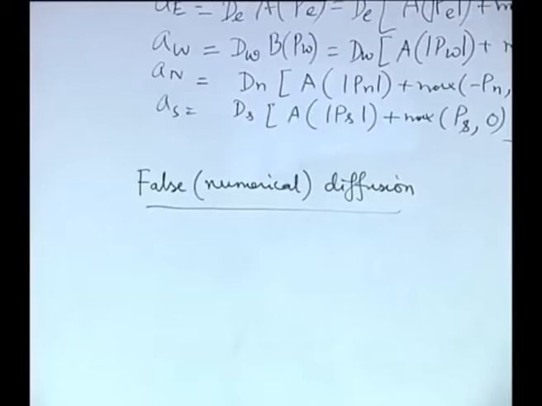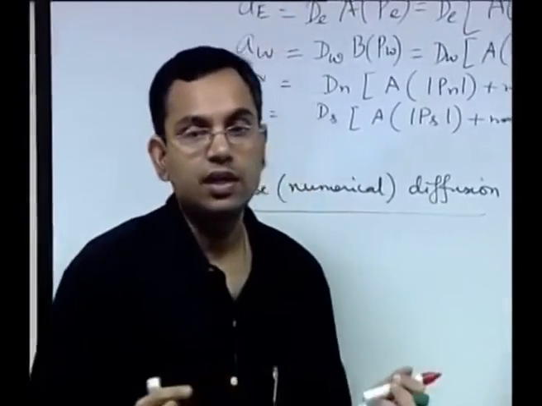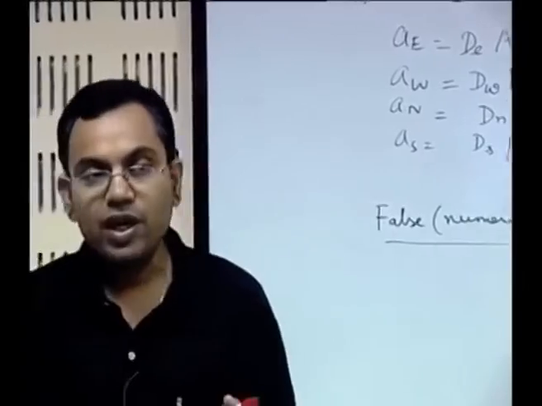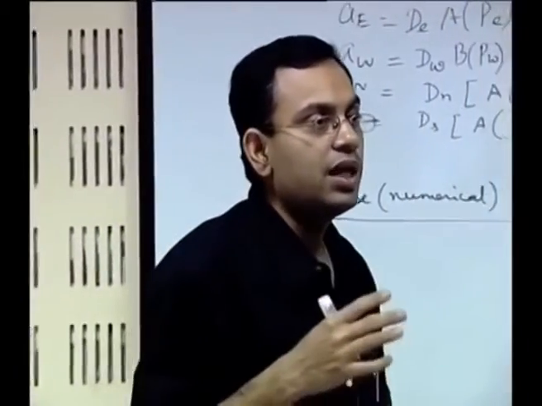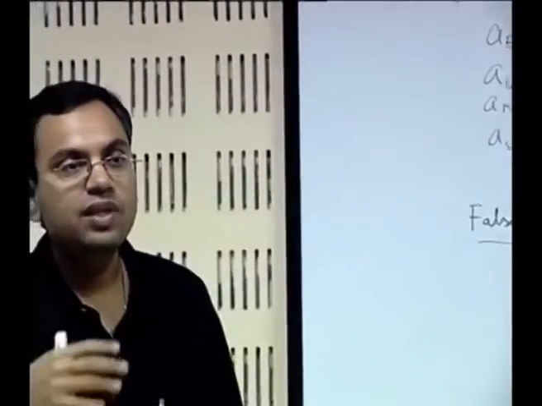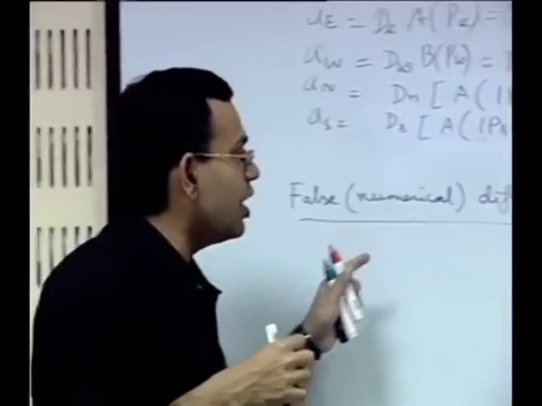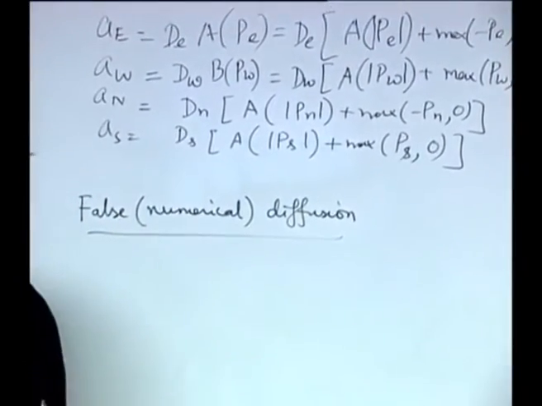Now how do we address the issue of false diffusion, or what is the correct view, what is the incorrect view? There is a bit of a historical perspective about it, because when these convection diffusion schemes were developed, remember that the original viewpoint of this false diffusion was not based on the entire sequence of development that was available to the community.